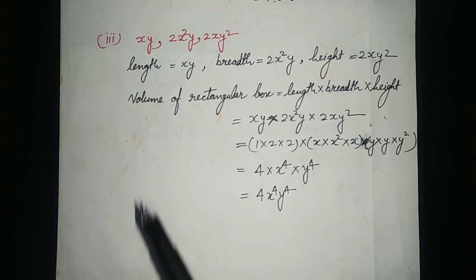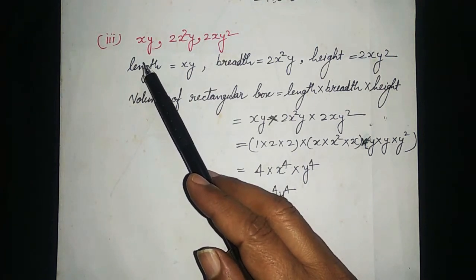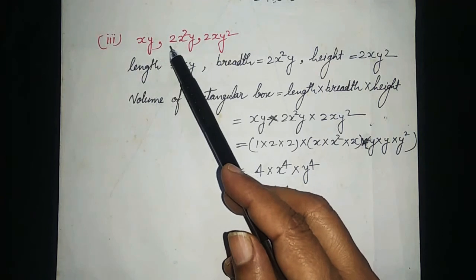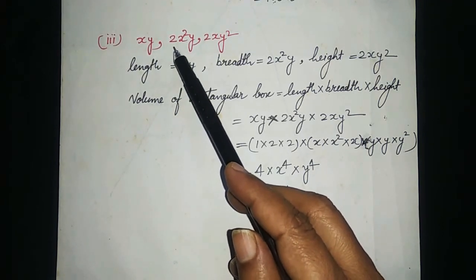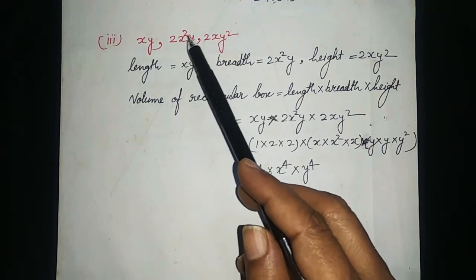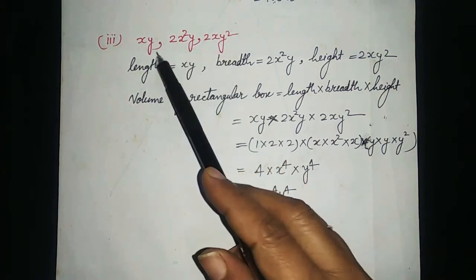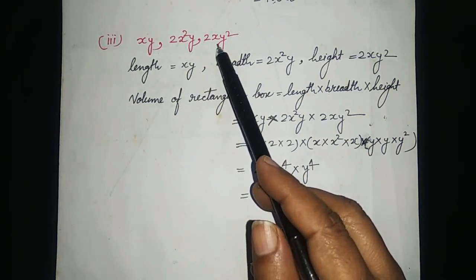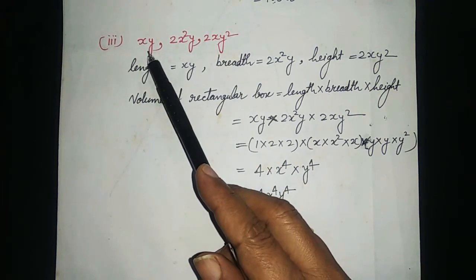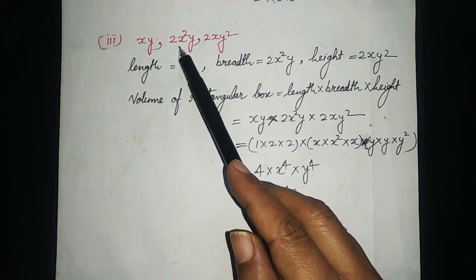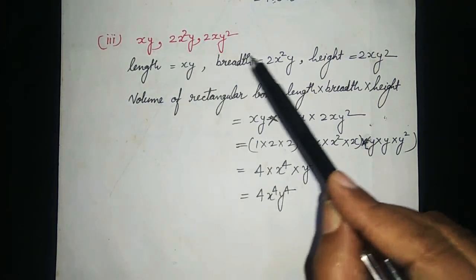Now see the third part of the same question. xy into xy and then 2x square y, after this 2xy square. Here also we have got three monomials. First monomial we will take as length. Second monomial 2x square y we will take as breadth.